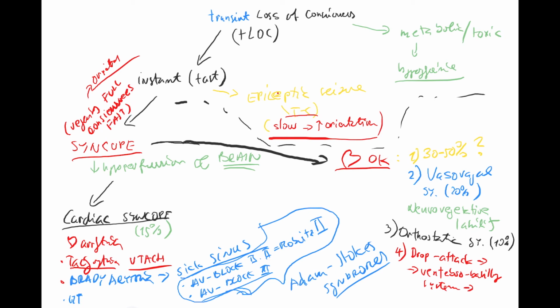And with this rotation of the head, they will compress the vertebral artery. And now there is a hypoperfusion of the brainstem, and that's why they fall down. Okay, I will draw a brainstem over here. Yeah, so it has to do with the brainstem hypoperfusion. Those are the drop attacks.